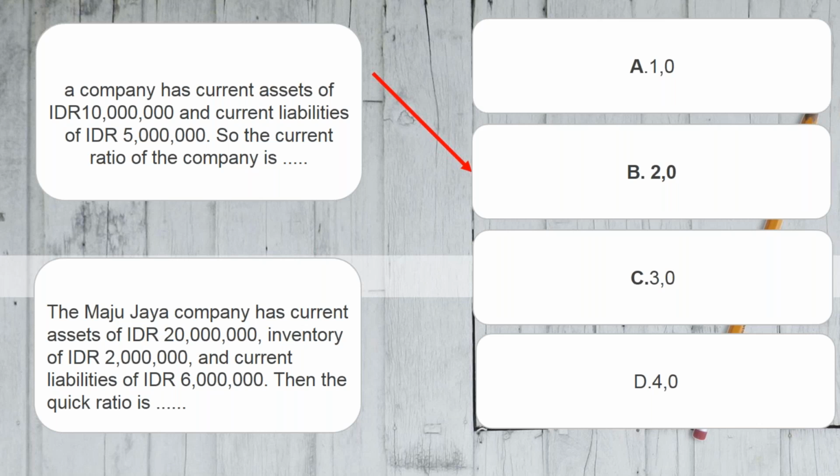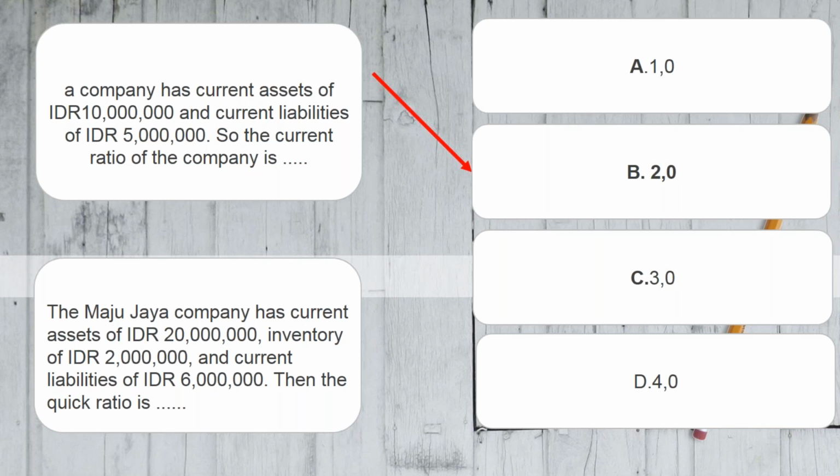And the last, the Maju Jaya company has current assets of 20 million, inventory of 2 million, and current liabilities of 6 million. Then the quick ratio is... Let me count it first, because we have to subtract the inventory.